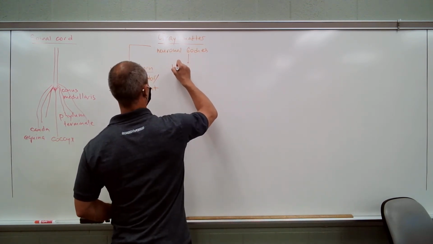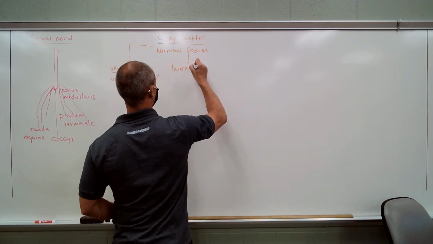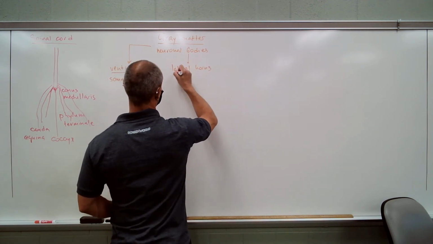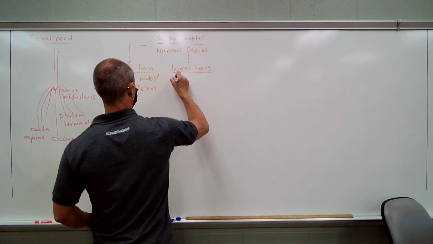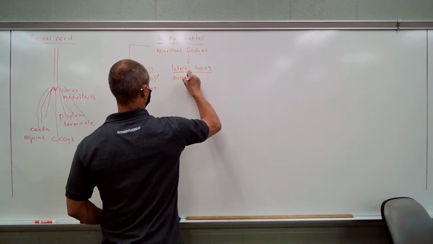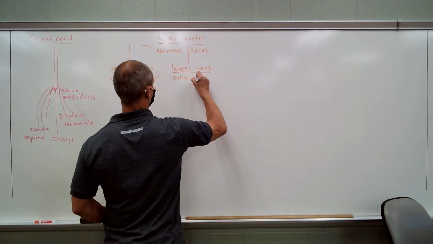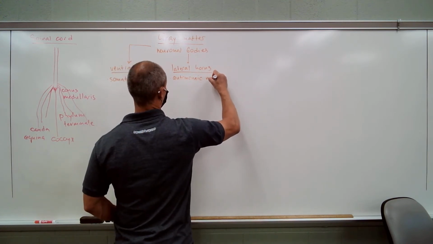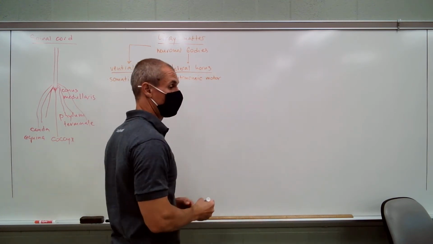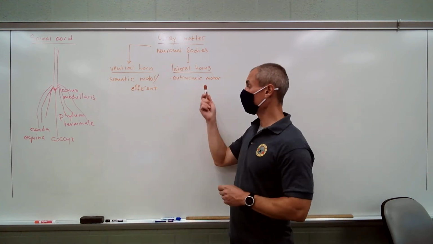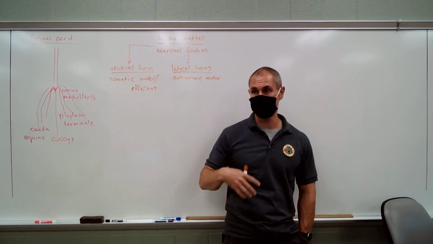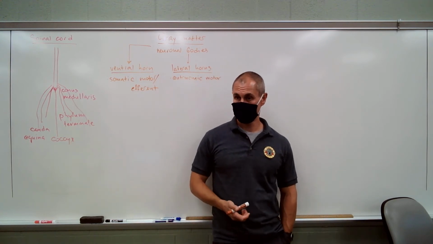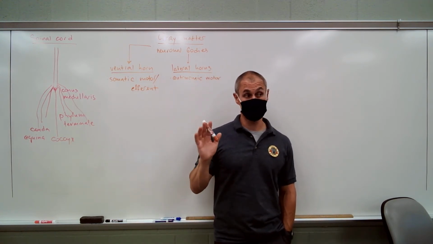Then you have lateral horns. So these guys contain autonomic motor. So here we're talking about organs, smooth muscles, cardiac muscles, glands. You following me here? Still somatic.